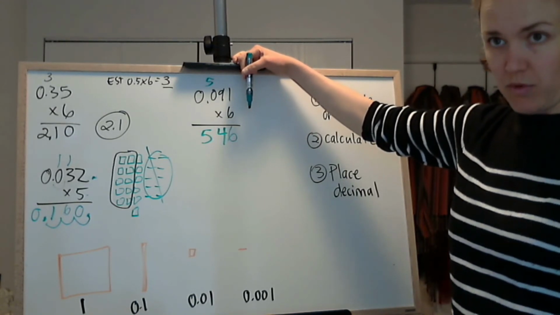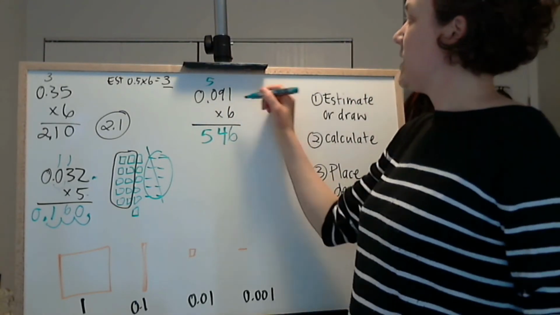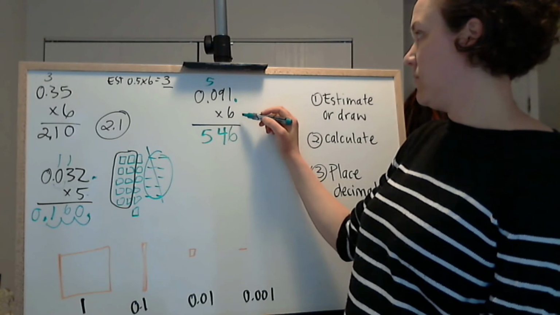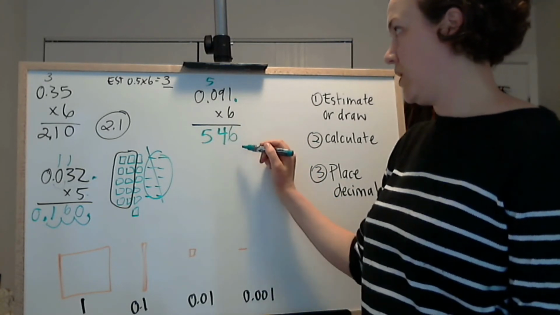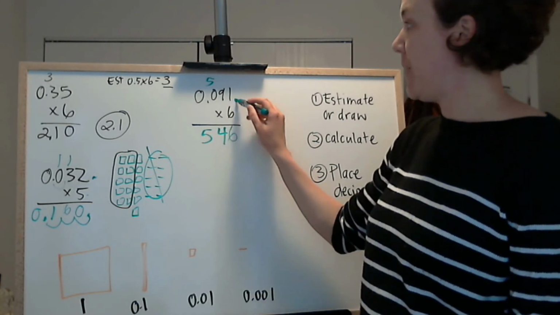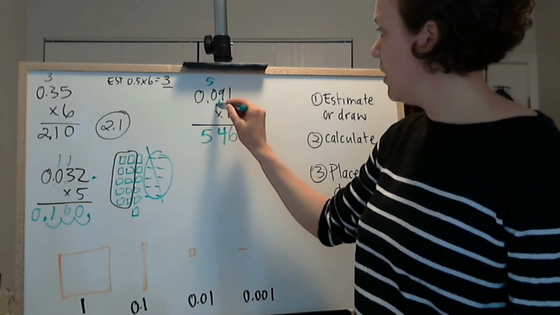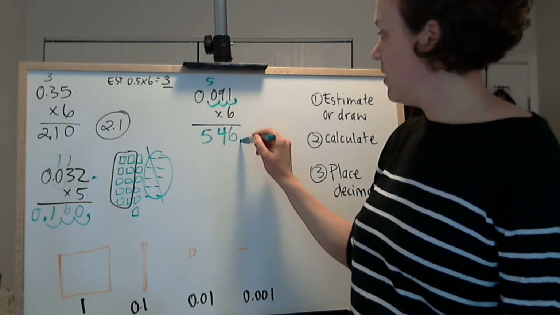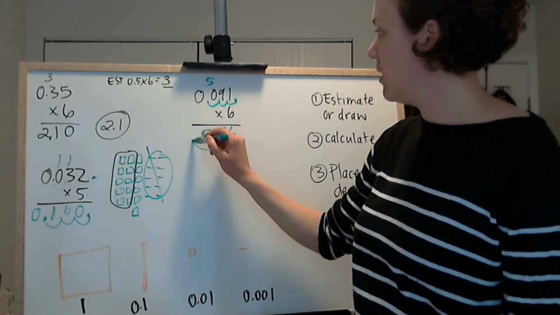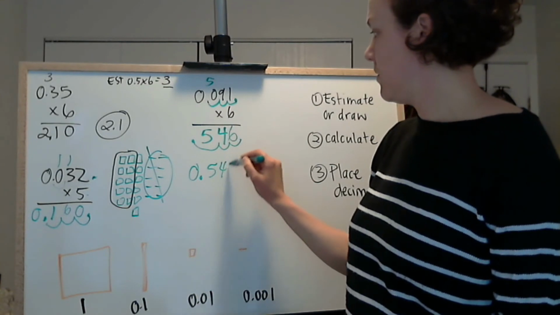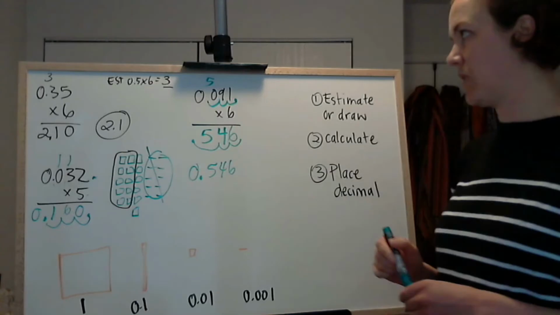I have to figure out where to put my decimal. If it was 91 times 6, my decimal would be here, and it would be 546, which makes sense. But I have to move my decimal back 1, 2, 3 places. 1, 2, 3. So my answer is 546 thousandths.